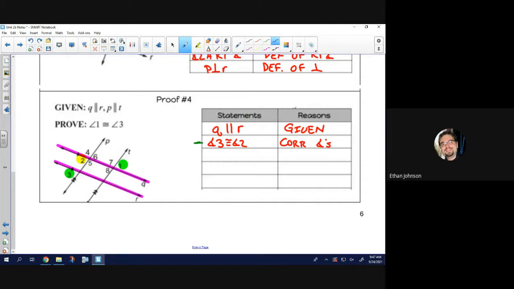I'll write my next given. P is parallel to T. So now I'm talking about the other two lines. So is there a relationship between the two that we were using now and the 1?